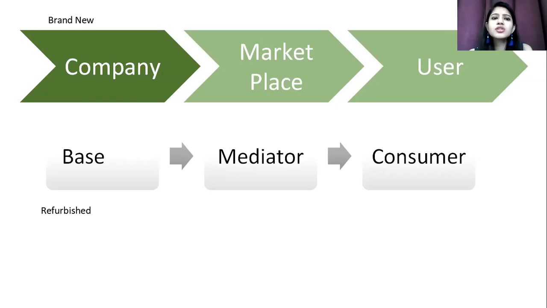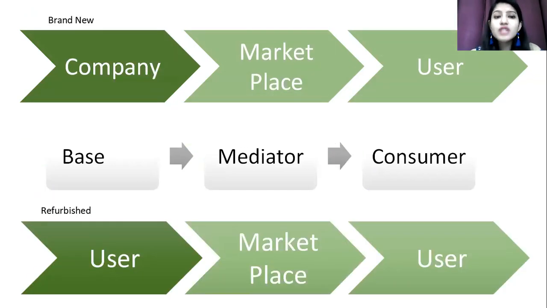Talking about the base, mediator and consumer, we can see that the refurbished product is an extension of the brand new. How? Now we know that the pathway is company, marketplace, user. This user becomes the base for the refurbished product, because refurbished products are pre-owned gadgets.